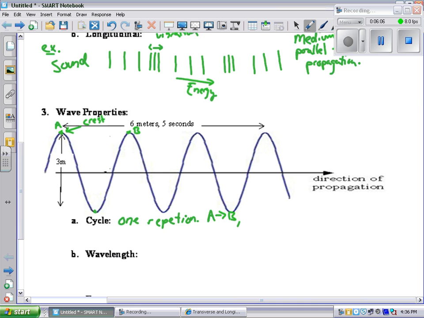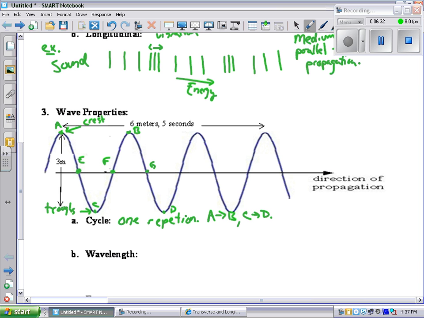If I start down here at the bottom, maybe label that one C. The points on the bottom we call troughs. When I get to the next trough, label it D, that also is a cycle. So C to D. I'm going to label some points on here. If I call this E, F, and G, E to F is not a cycle because it's not repeating.